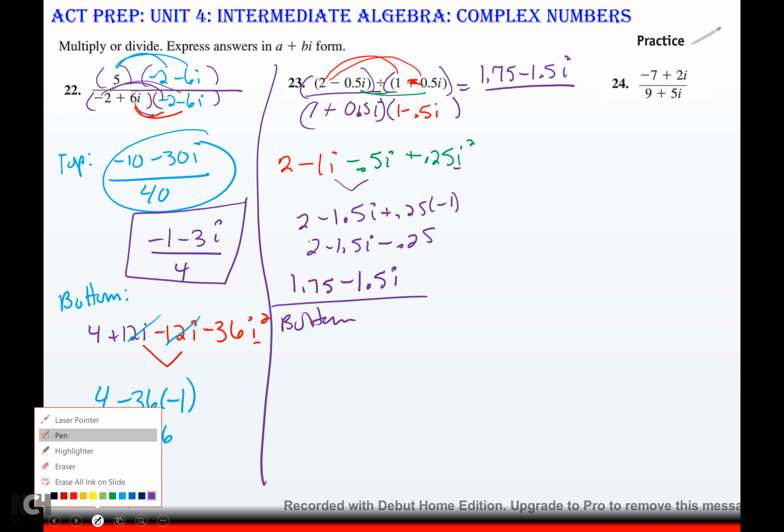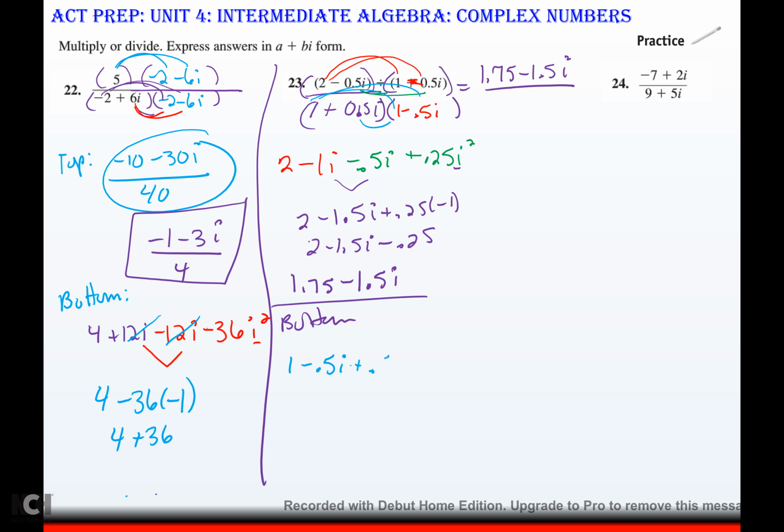if I distribute, I get 1 times 1 is 1. 1 times negative 0.5i is negative 0.5i. Positive 0.5i times 1 is positive 0.5i, not 1, sorry. And then a positive 0.5i times a negative 0.5i is negative 0.25 times negative 1, because i squared.